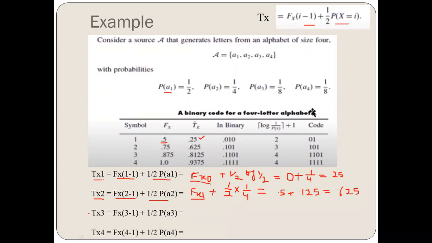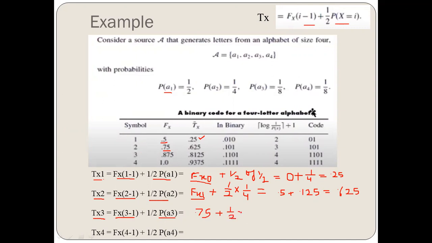Now we are going to calculate the tag 3. Again putting the same thing in the formula: Fx, now i is 3, so 3 minus 1, and half of PA3 because i is 3, right? So Fx2, that means 3 minus 1 is 2. The value of Fx2 is 0.75. Already we have calculated it, so it is now 0.75 plus half of 1 by 8.